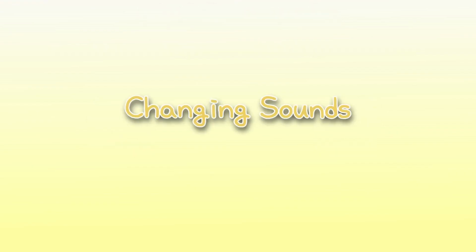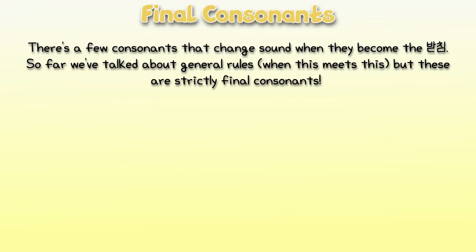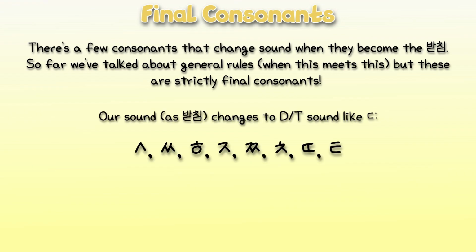We're going to start moving on to more complicated rules, as if the ones we learned already weren't complicated enough. This one may seem like a lot, but there are a few consonants that change sounds when they become the padchim. These all change their sounds to a digeut sound, our D/T sound.